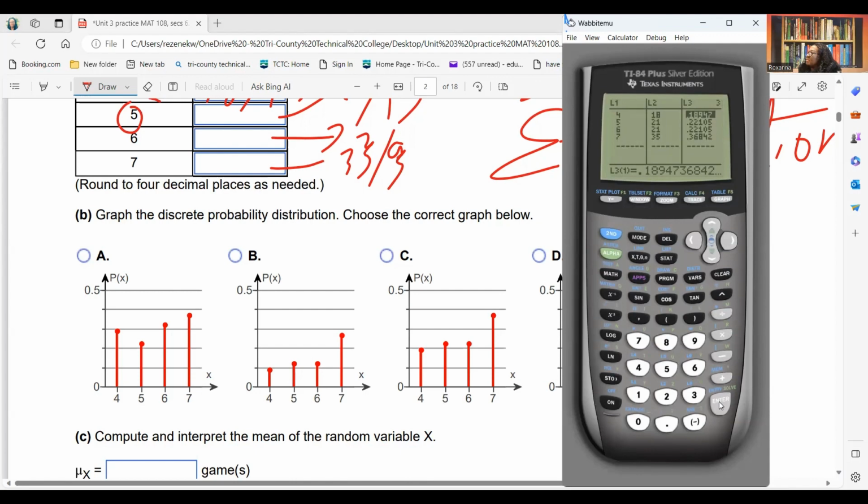Now you have the probabilities and you see that the maximum probability is 0.336. This will help you to graph. When you are graphing, or the graph is already drawn for you, the x-axis is the random variable, the y-axis is the probability.